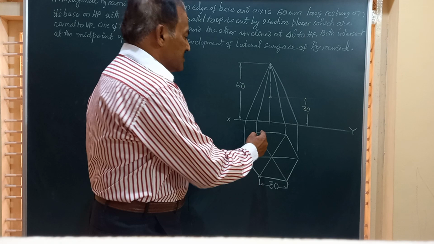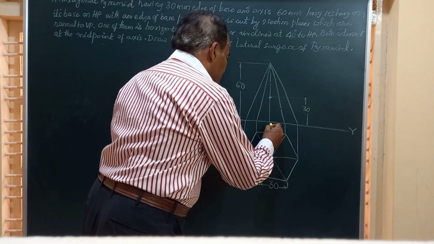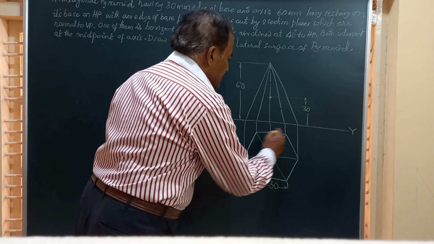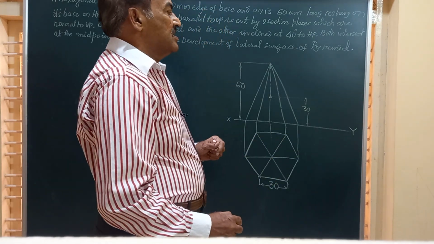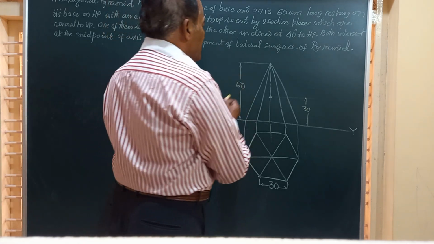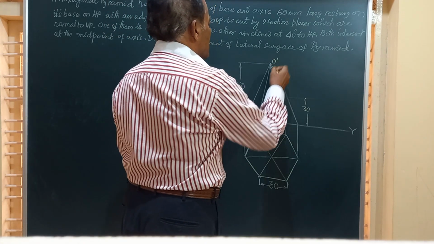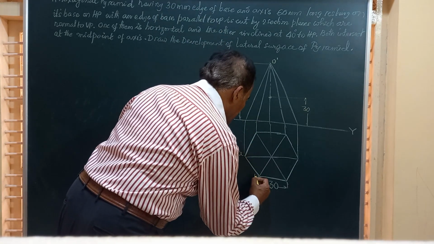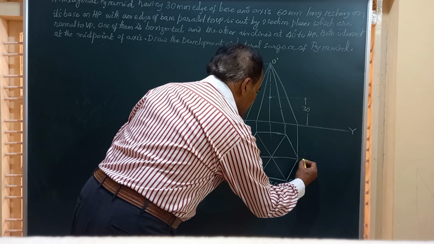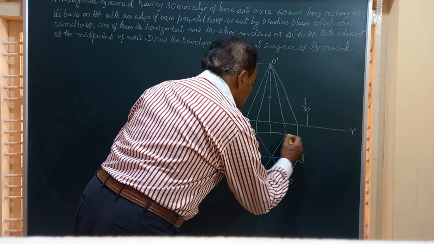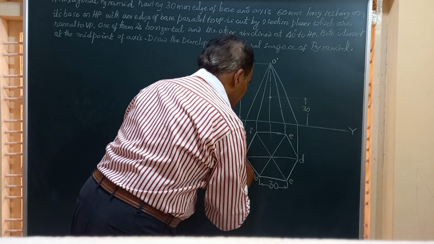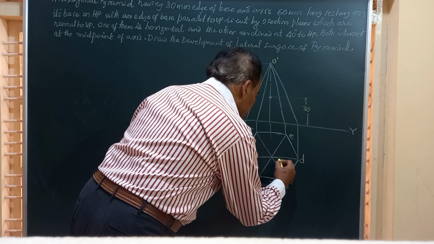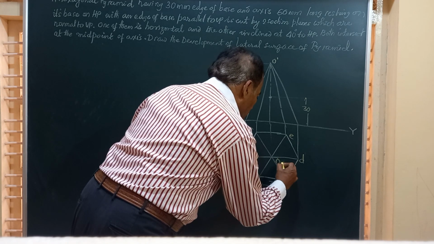Friends, here I have constructed a regular hexagon of side is equal to 30 millimeter. One of the edges of that, say this edge, is parallel to VP, and this is the top view, and we represent this by O. If you call these points A, B, C, D, E, F, these are the six corners of the base, and I will mark here O, comma O1.